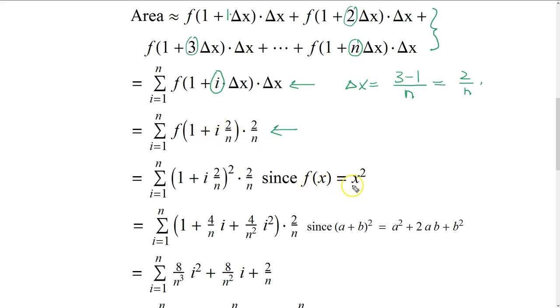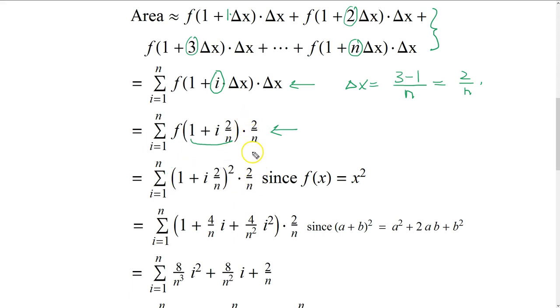Well, remember, f of x is x squared for this particular function. And so f of this quantity right here will be, that's our x, and so we just have to square it. So here it is. This quantity right here is f of 1 plus i times 2 over n. And we multiply that by 2 over n.